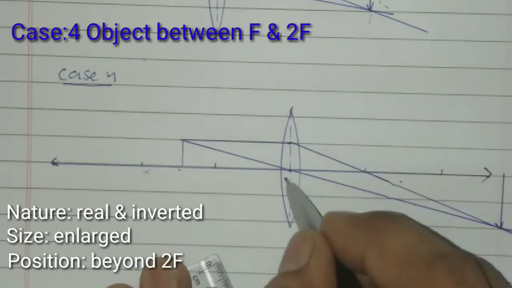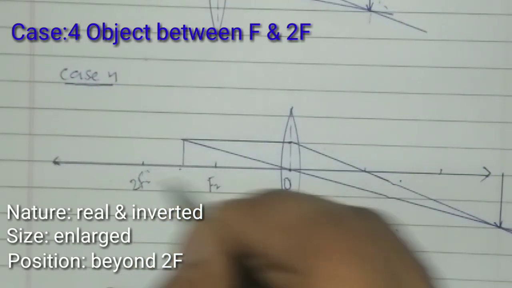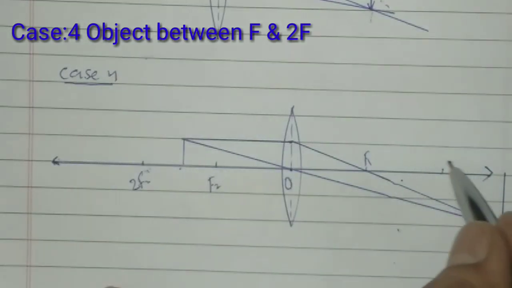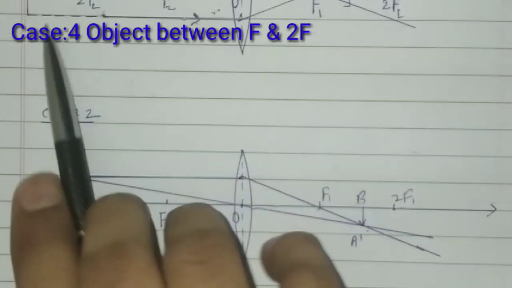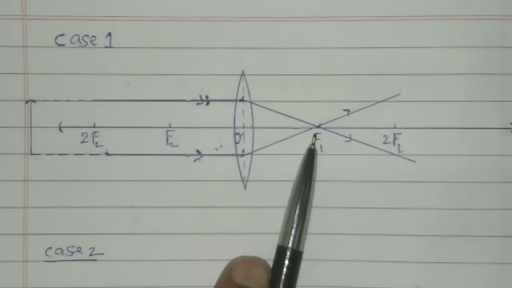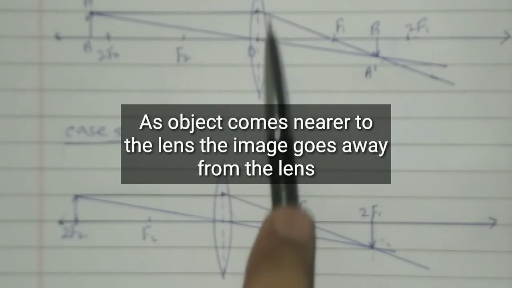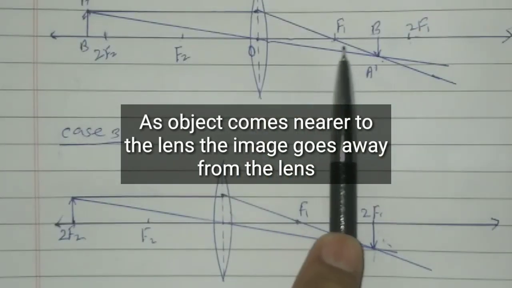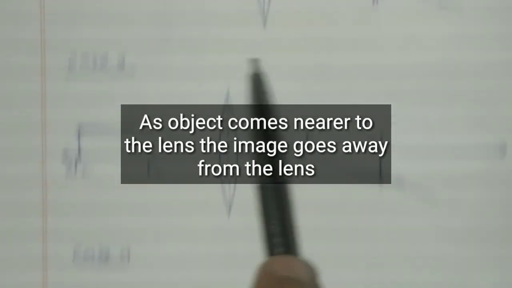Okay, this is O, this is F2, this is 2F2, this is F1 and this is 2F1. Now we can see that when object is at infinite, the image is formed at focus. Now when object comes nearer to the lens, the image goes away from the lens and image formed between F1 and 2F1.